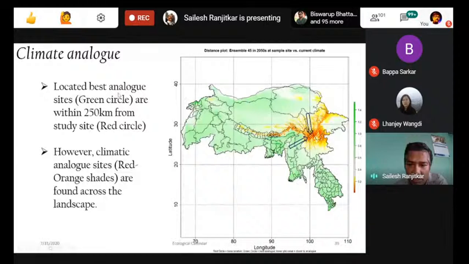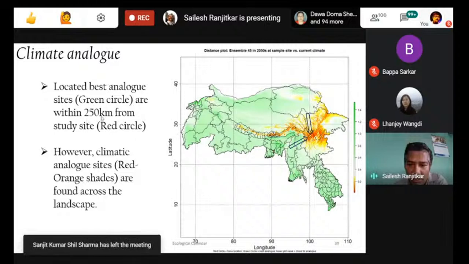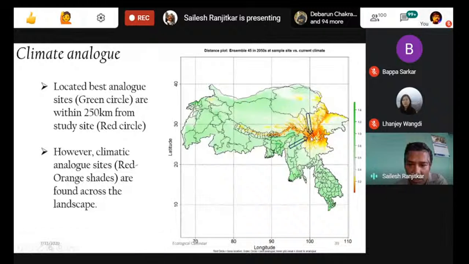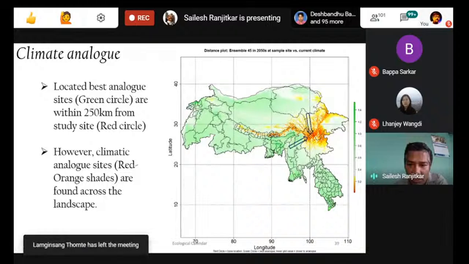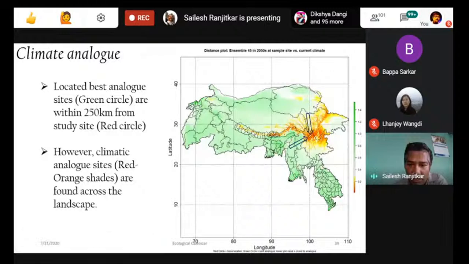For that site, we located the best analog site, the small green one here, which is just 250 kilometers away from this study site. So it is quite close, with just elevation differences. However, you can see all these red or warm colors are also climate analog sites for this particular study site.